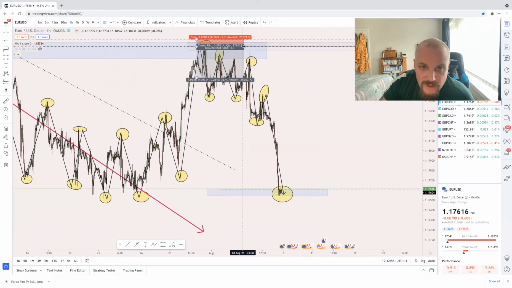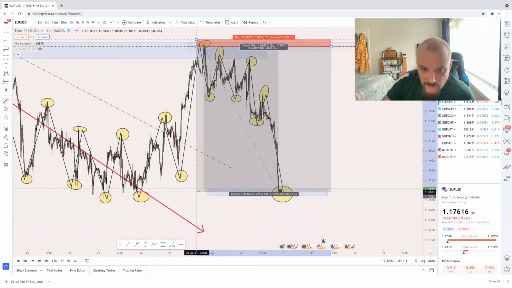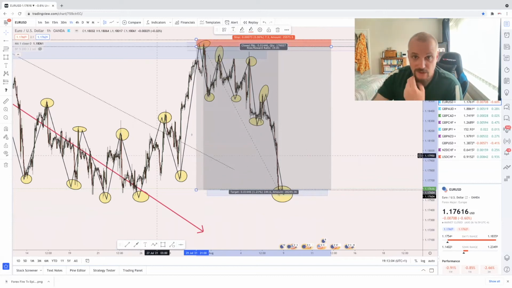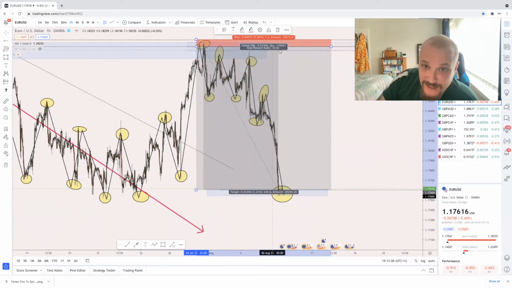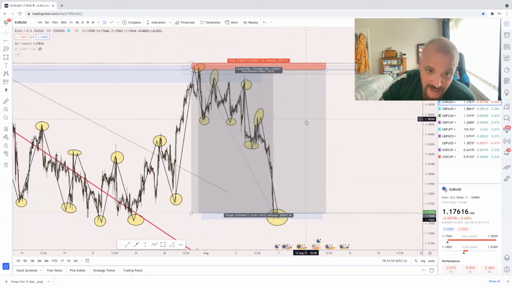If you drag this out and mark this down, you can see we've come down to targets where the channel came to. This would give it a fantastic risk to reward of 19 to 1, or 1 to 20. So every 1% you risk, you're going to get 20% back.